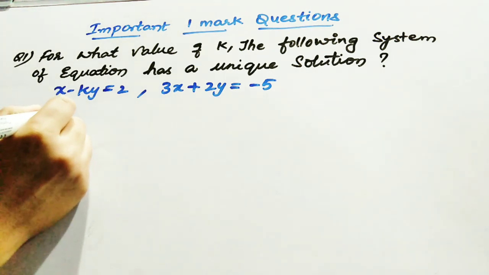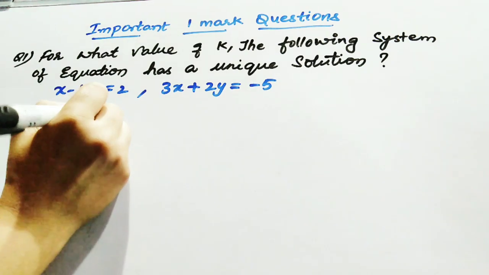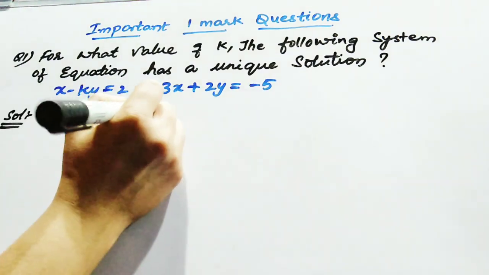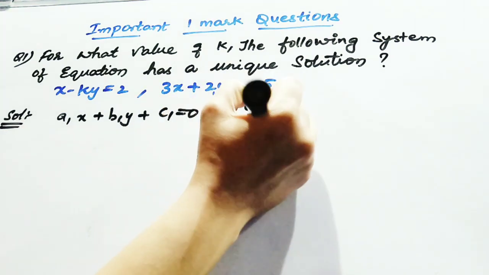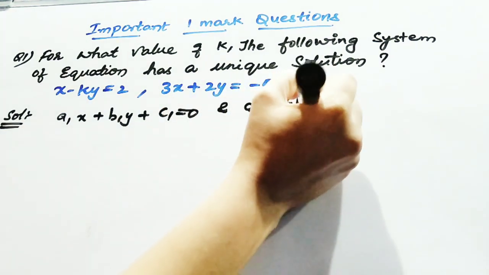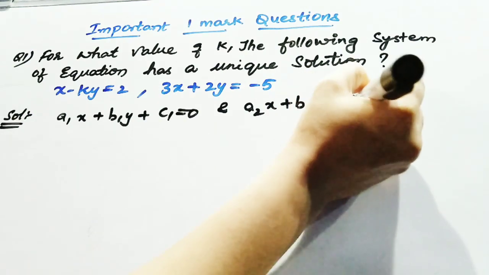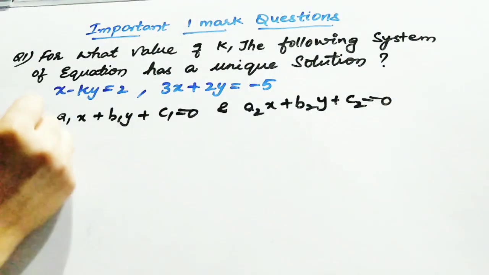a1 x plus b1 y plus c1 is equal to 0 and a2 x plus b2 y plus c2 is equal to 0.